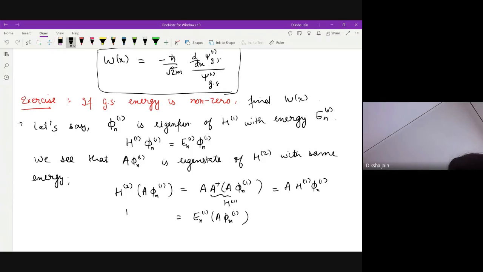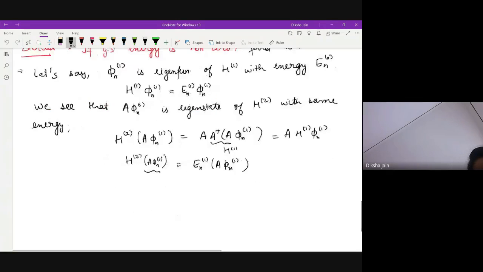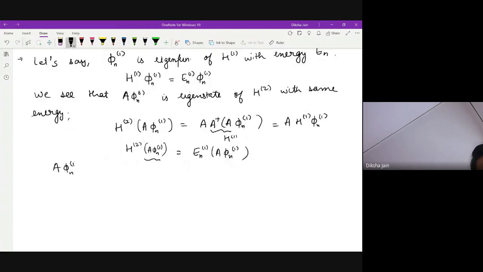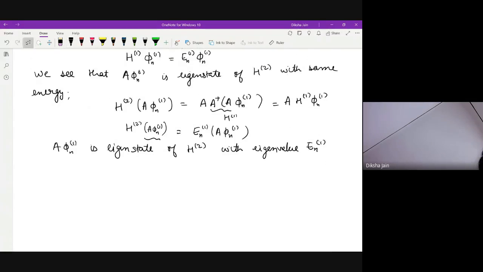So this equation tells you that A times phi n1 is an eigenstate of H2 with eigenvalue En1. Is it clear? Okay. Similarly, you can do this as an exercise.